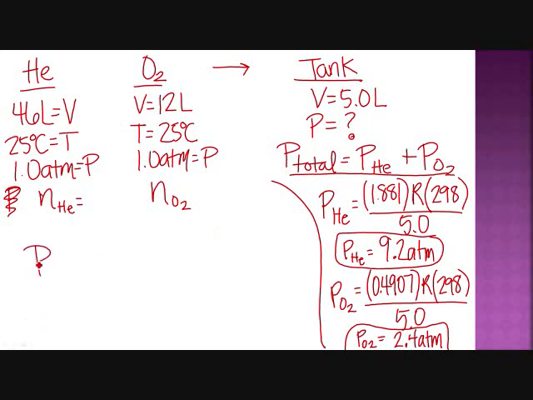So to find the P total, we take 9.2 plus 2.4, and that is 11.6 atm.